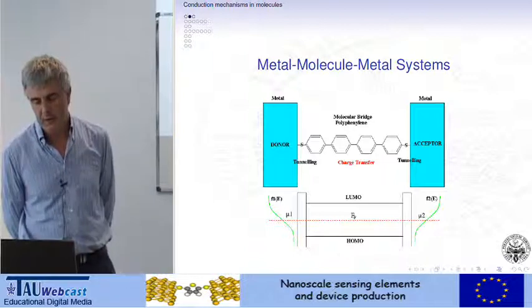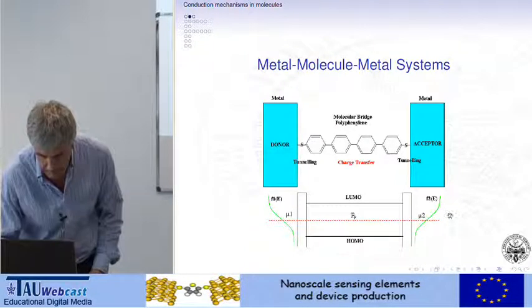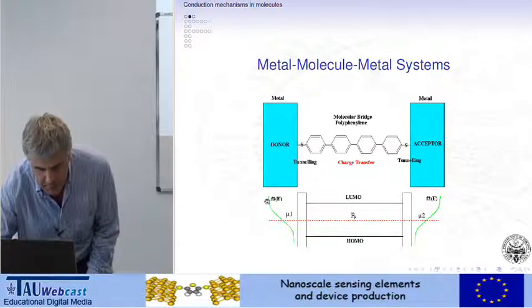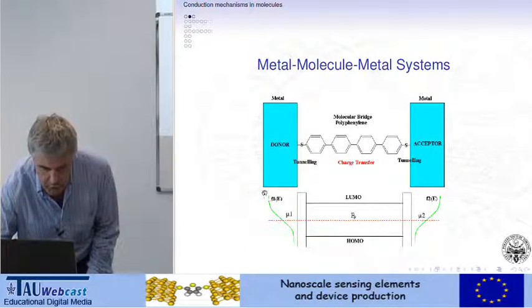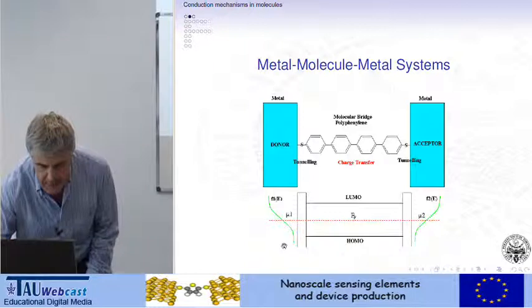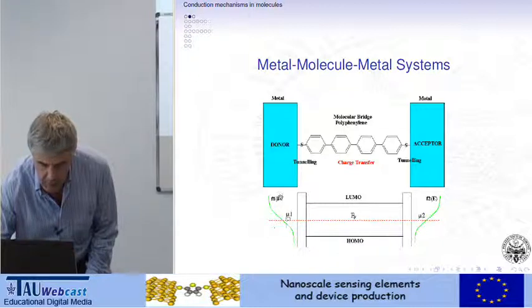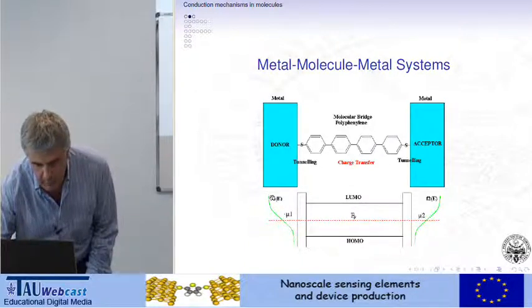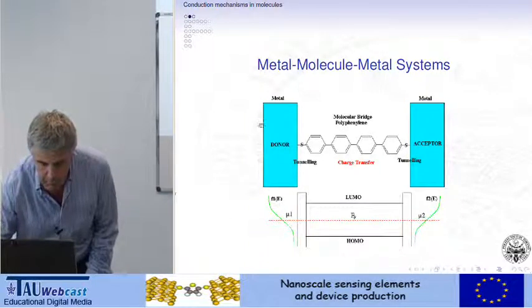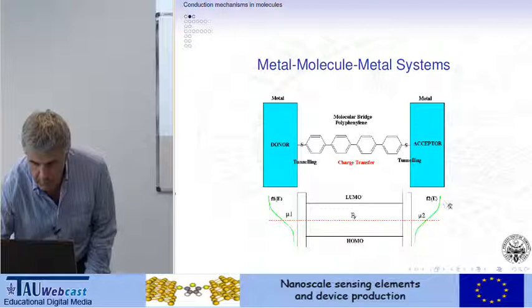At room temperature in the metal, the Fermi distribution is very sharp, because generally states below the Fermi level, μ1, are occupied, and the states above the Fermi level are completely empty. But this is just to understand what the Fermi distribution can tell us. This is true for the left electrode and for the right electrode.